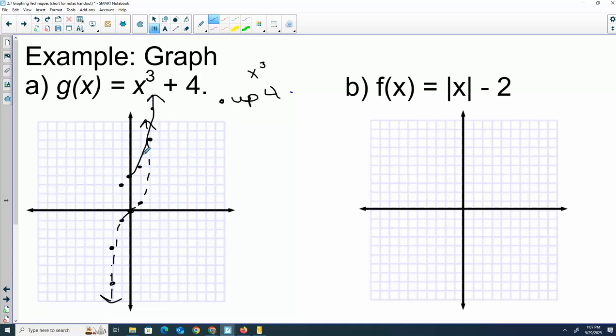Doesn't change, still looks like a chair. It's just been slid upwards. So if you need to write out points, outside is y, does what it says. Changes your y by adding 4. If you're comfortable with it, just take your graph and move each one up 4.